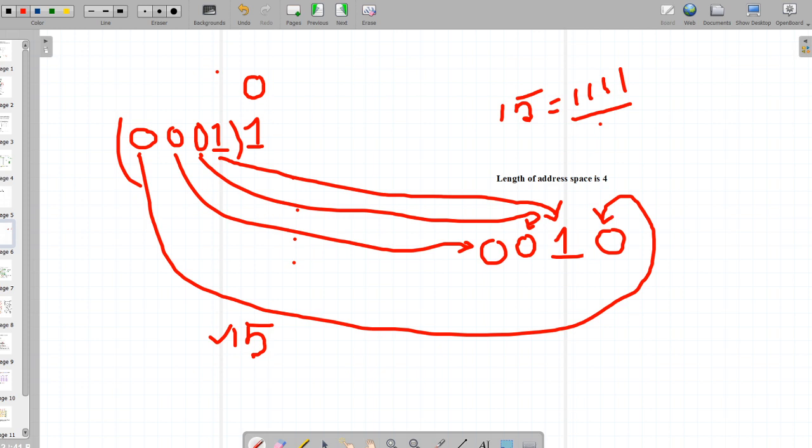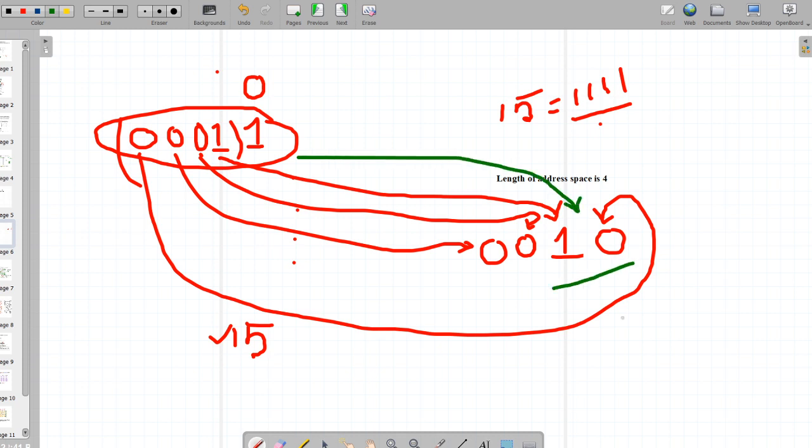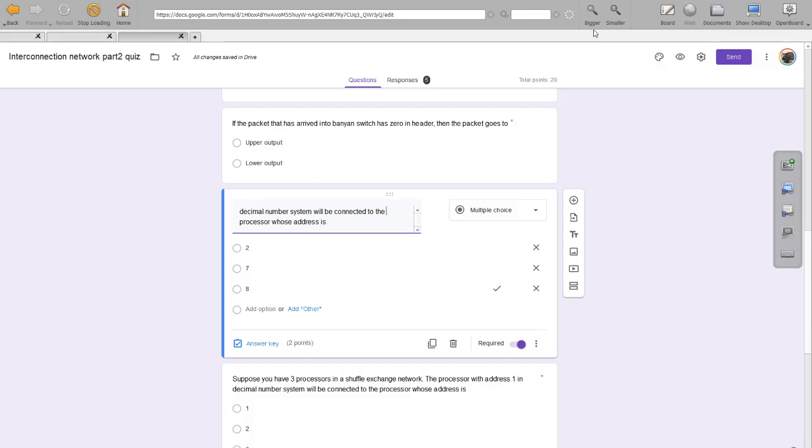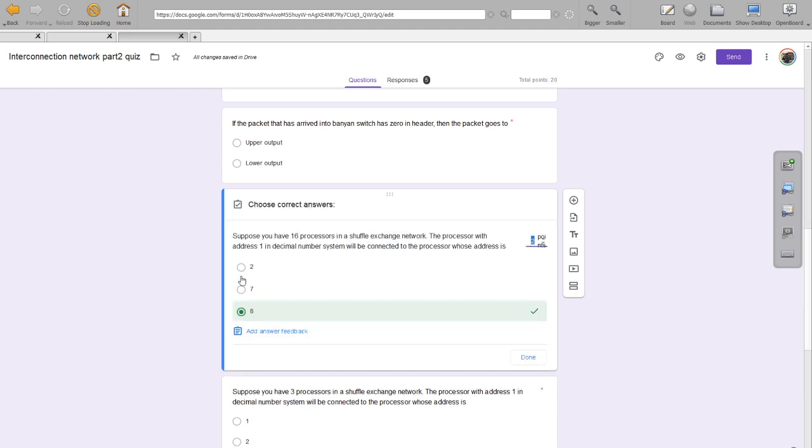Now you can clearly say that this particular processor, which has 1 as its address, is going to be connected directly to the processor which has address 2. So your correct answer is, sorry, I have made one mistake here. It is going to be 2, not 8.